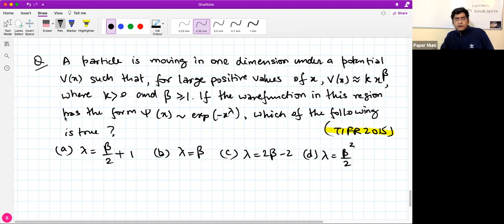So if the wave function in this region has this form, the wave function of the particle in this potential, which of the following is true? I've already given you a hint on how to solve it. Did you see the hint?